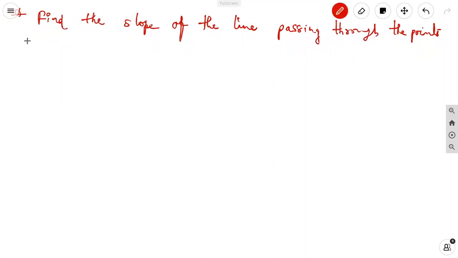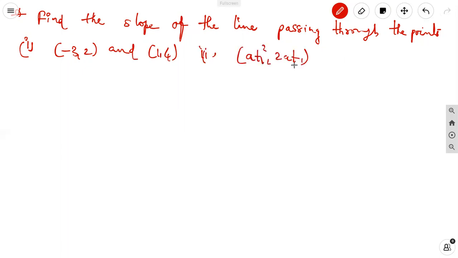First one, minus 3 comma 2 and 1 comma 4. Second one, a t1 square comma 2a t1 and a t2 square comma 2a t2.